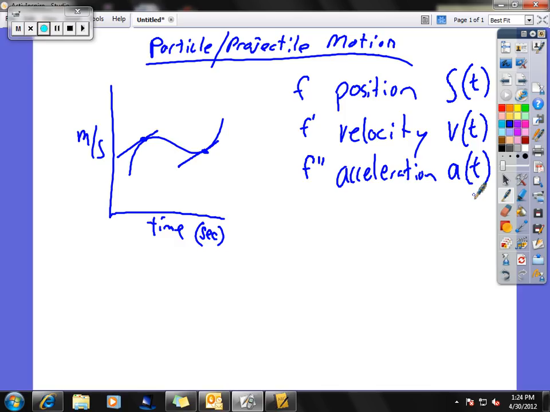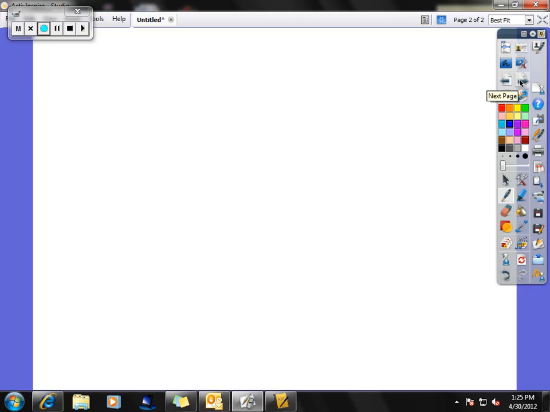So if you're given a position function and want to know what the velocity is at a certain time, you can do that by just doing the derivative and plugging in the time. Okay, so let's say, for example, that the position function is given by 4t cubed minus 3t plus 3.